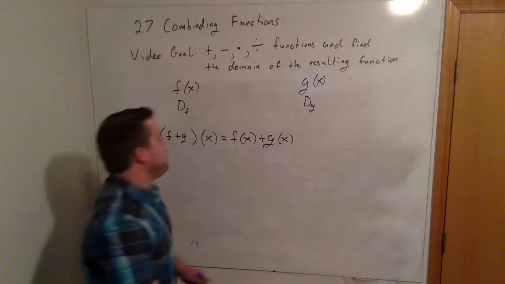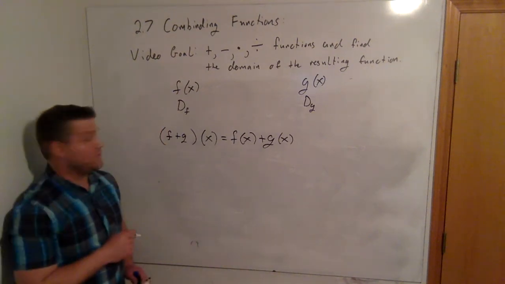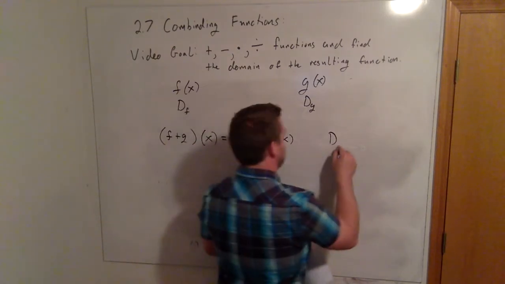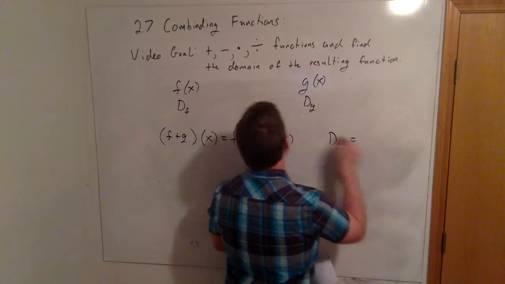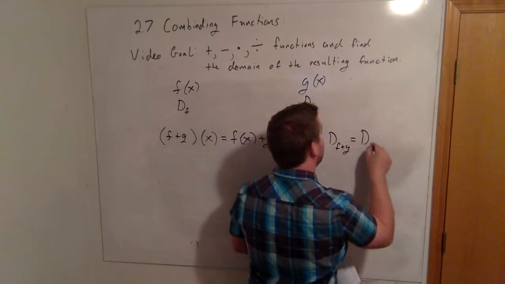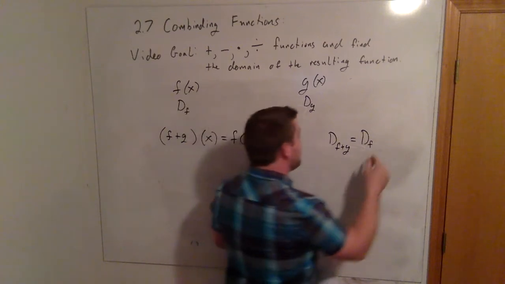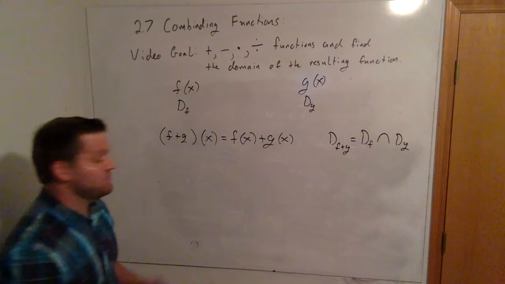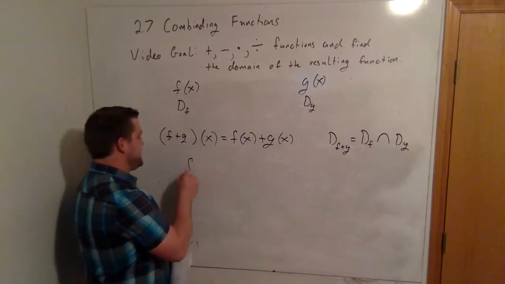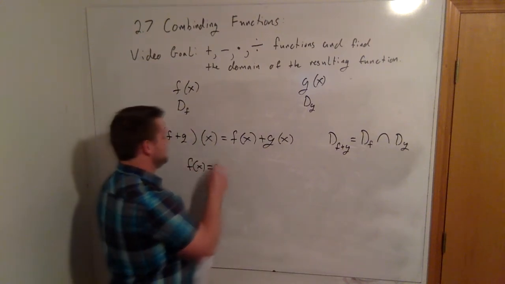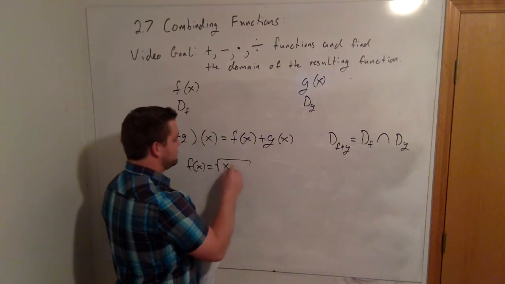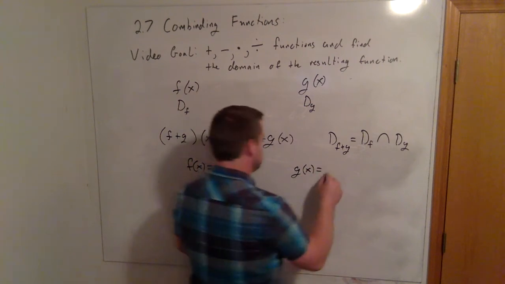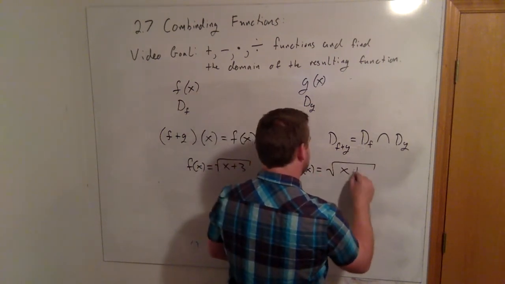Okay. So now what would be the domain when I add these two functions together? Well, the domain of f plus g has to be everything that works for f, but it also has to work with g. So it has to be the intersection of these two sets. Here's a quick example. Let's say that f of x is equal to the square root of x plus 3, and g of x is equal to the square root of x plus 5.